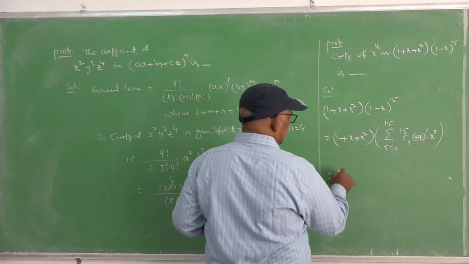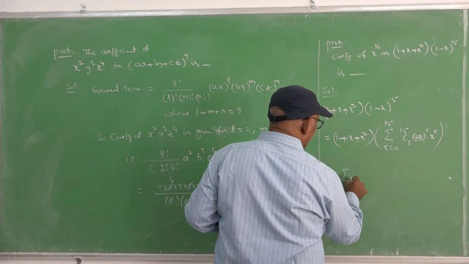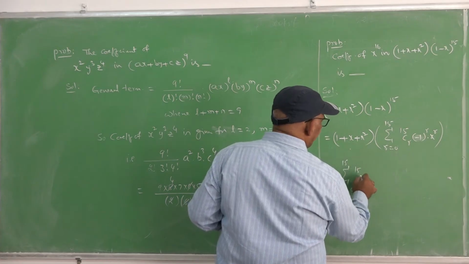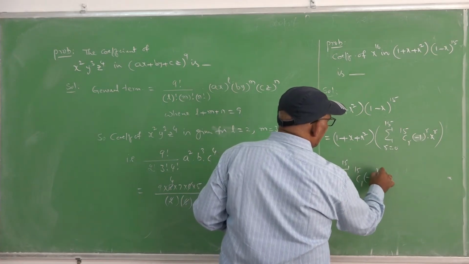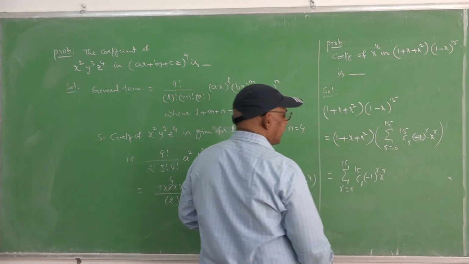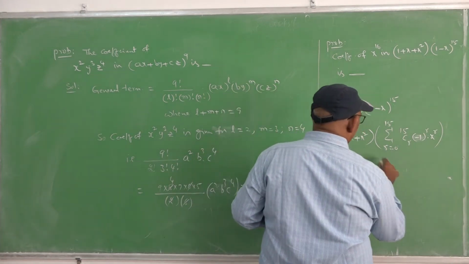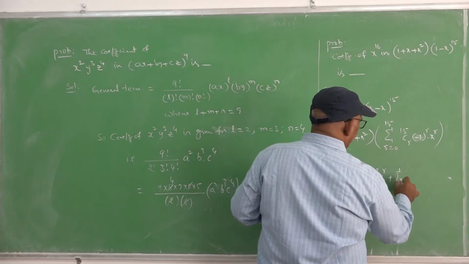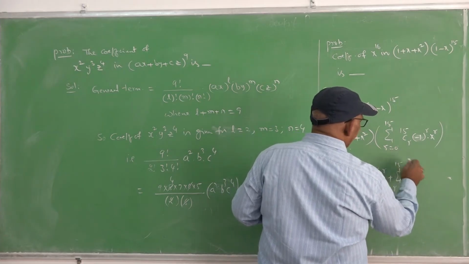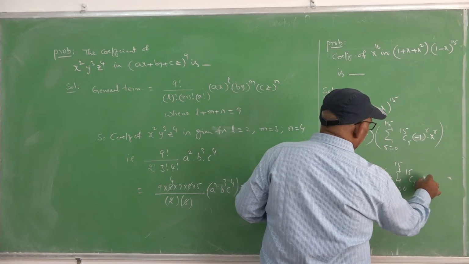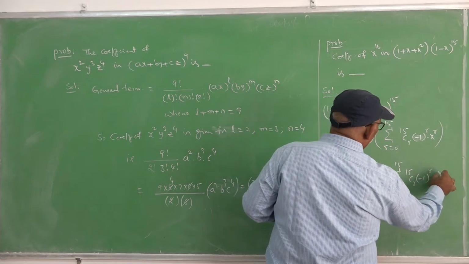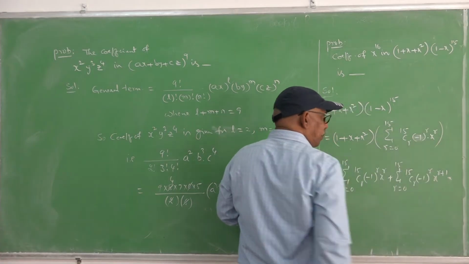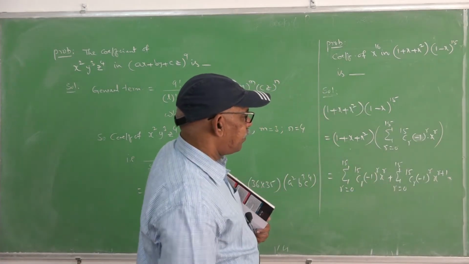That gives us 1 into this expansion, sigma r equal to 0 to 15, 15 C r, minus 1 whole power r, x power r. Next, multiplying each and every term with x, we get sigma r is 0 to 15, 15 C r, minus 1 whole power r, x power r plus 1, because we are multiplying with x, the power of x rises by 1 unit.